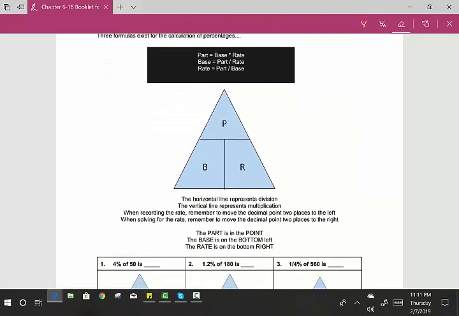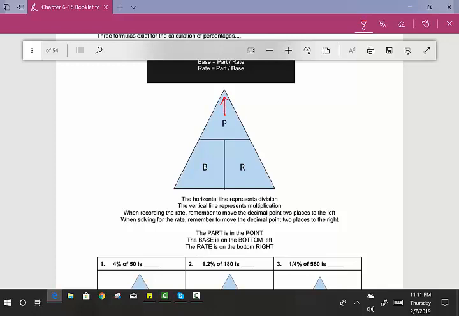Okay, so I've set it up in this particular pyramid. The part is in the point. Part starts with a P and point starts with a P. So part is in the point. Base is in the bottom and rate is in the right.